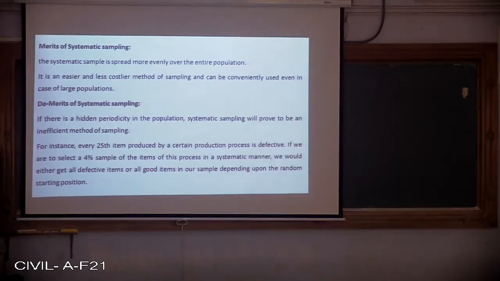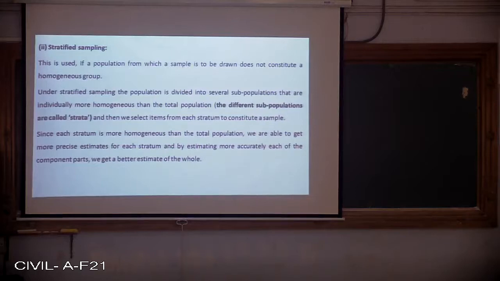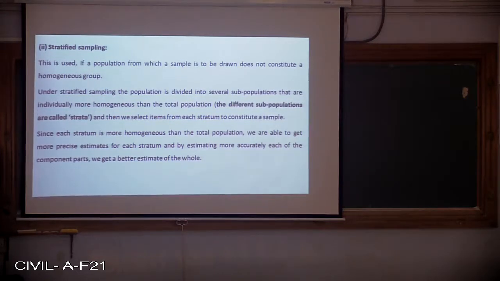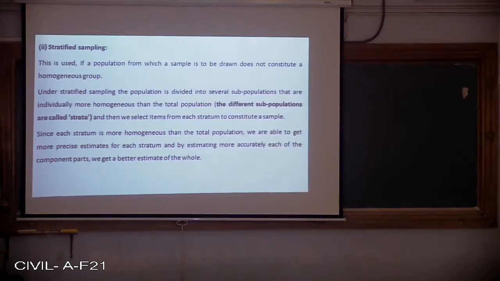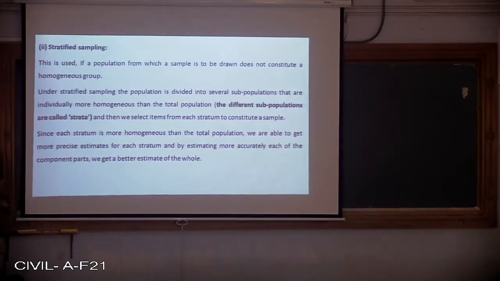So these are some merits and demerits of systematic sampling. Next comes stratified. The word itself is saying that the population from which the sample is to be drawn does not constitute a homogeneous group. Stratified is nothing but distributed or dispersed. Systematic sampling is an organized one. Stratifying is nothing but you have got strata or subpopulations.